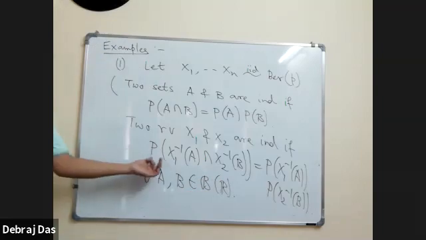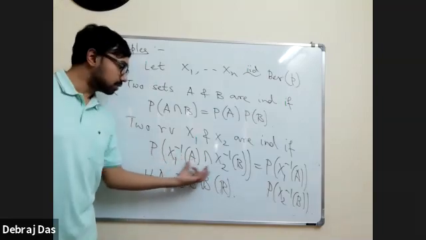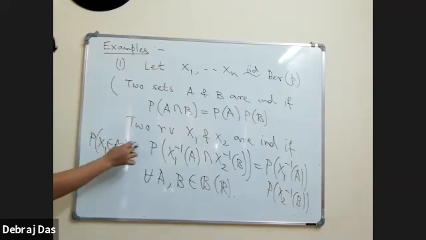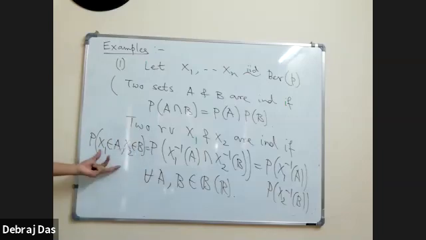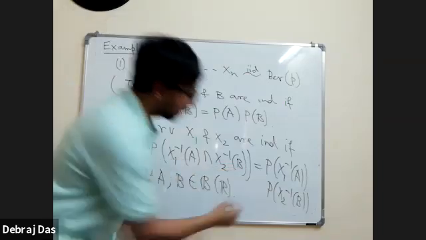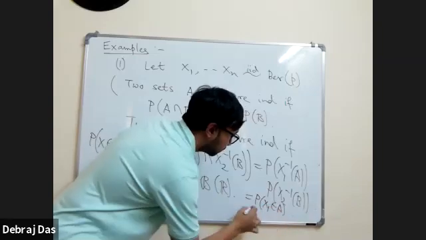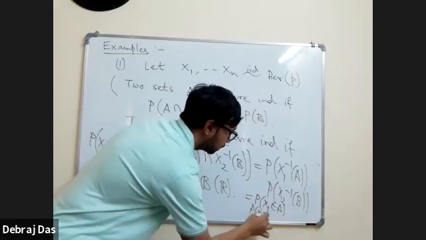So what is this probability? This probability is simply the probability of the joint, right? So this is nothing but probability of X1 lying in A and X2 lying in B. And again this is nothing but probability of X1 lying in A multiplied by probability of X2 lying in B.